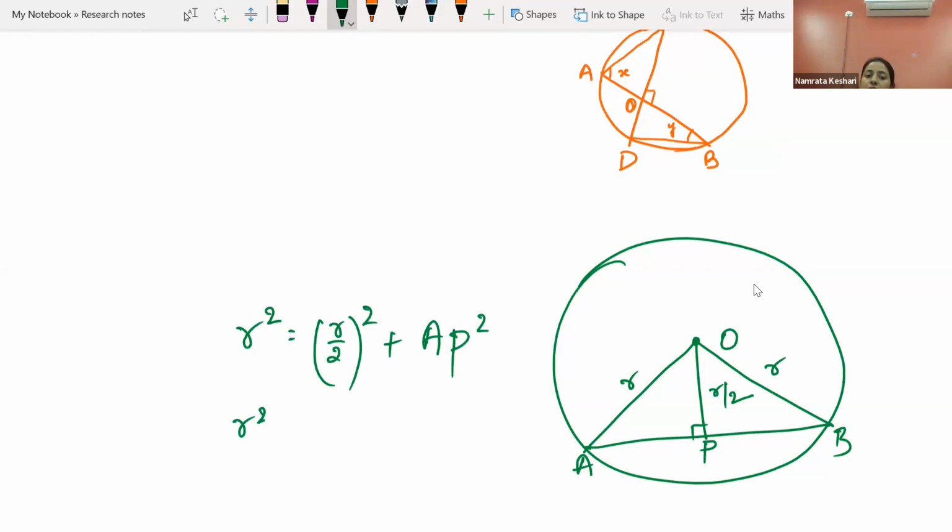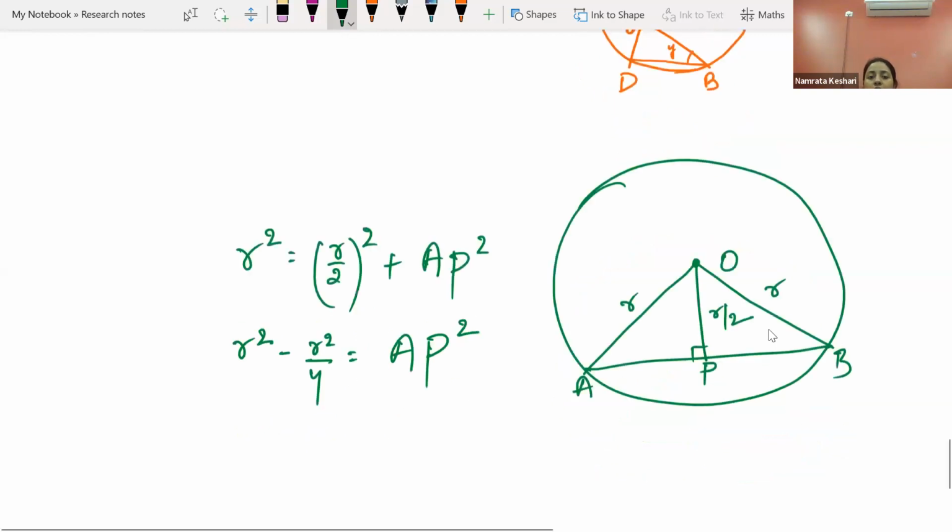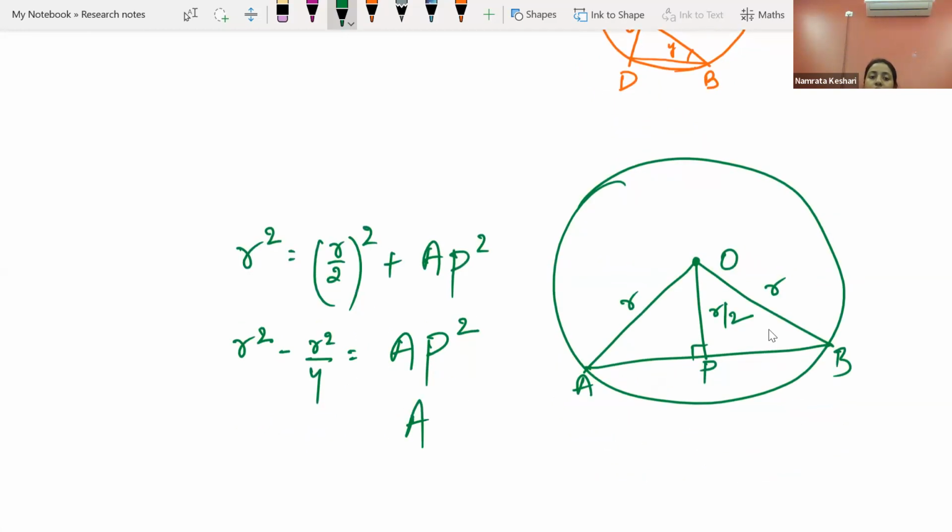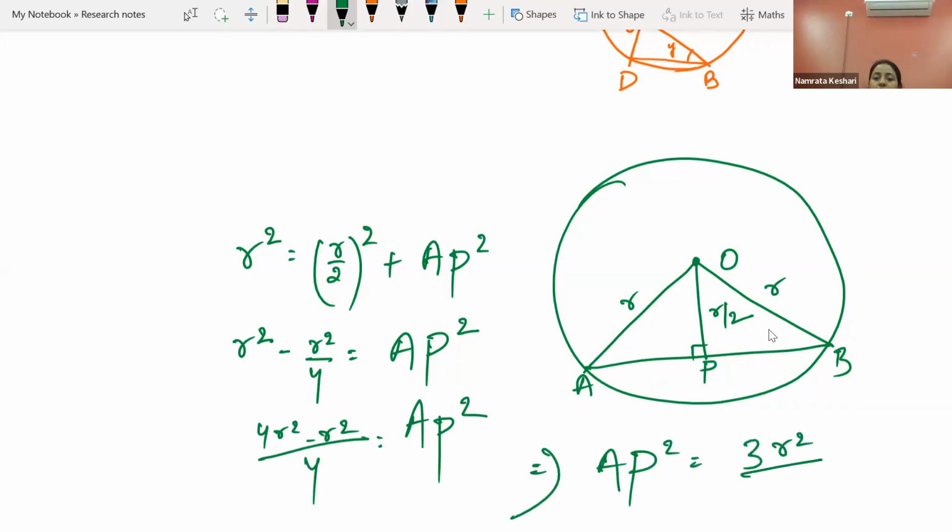So R square minus R square by 4 is equal to AP square, which implies AP square is equal to 3R square by 4. Yes or no? Yes, ma'am.